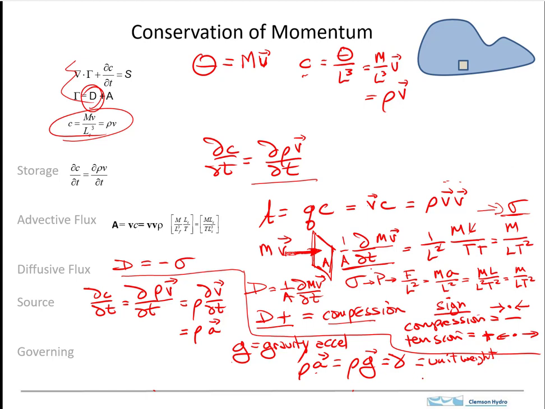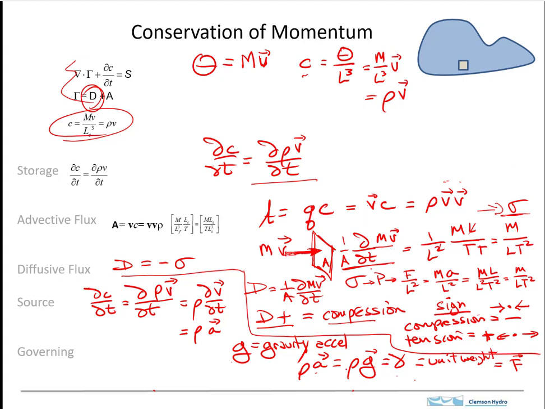Now, what I'm going to write in the notes is that this we'll just call F to be a body force. That's a force that occurs within the volume. Sometimes you'll see it written as a volume force. But at least one example of this would be the unit weight.